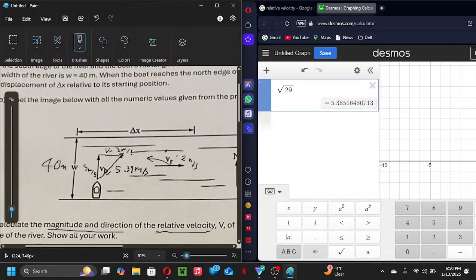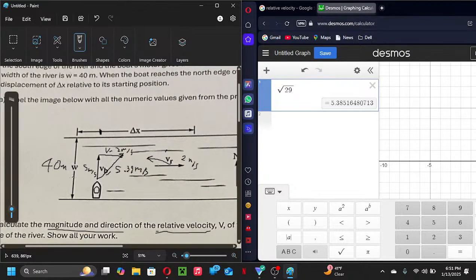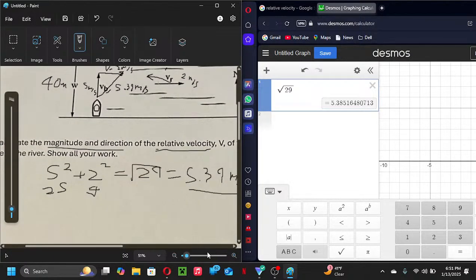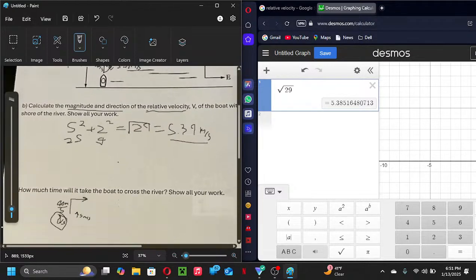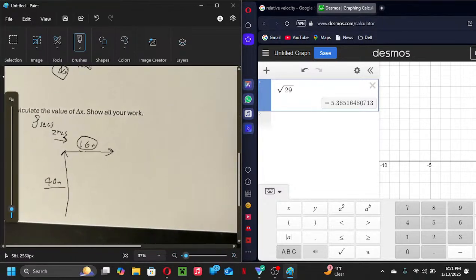That's weird. Relative to starting position, so like right here then. So I have to go this way, and that looks larger than 40 meters though. This one is kind of stumping me. I'm not sure, but this is what I got.